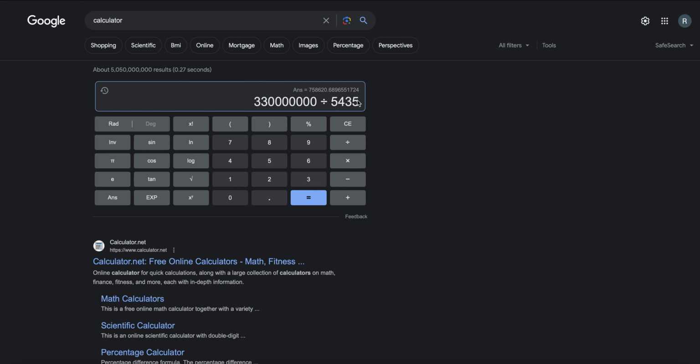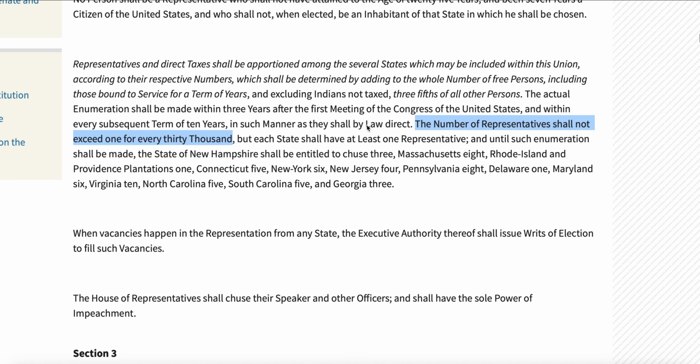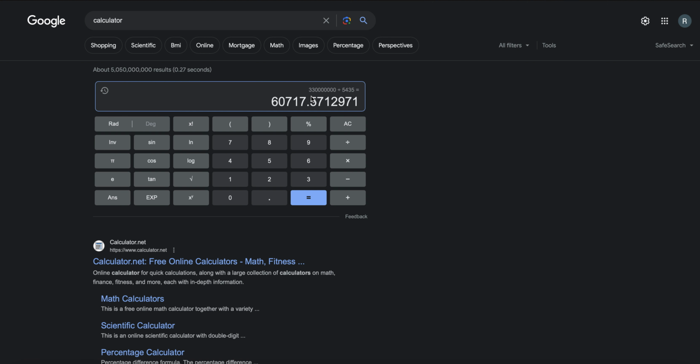So rather than 435, 5,435, what do we get? That would be one member of the House of Representatives for every 60,000 people. Now, I'd be happy with that. That's still double what the original Constitution said, one for every 30,000, but I'd still be happy with one for every 60,000. That would be more appropriate.